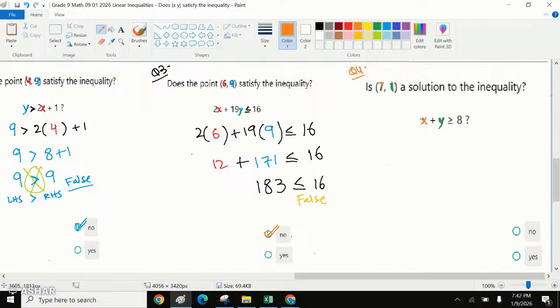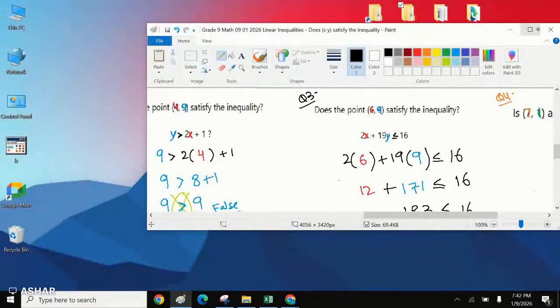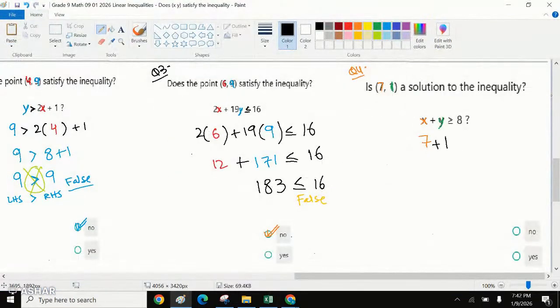See, we say x was 7 plus y was given as 1, right? Which should be greater than or equal to 8. So it comes out to be 8 is greater than or equal to 8. There are two conditions over here, right? And what are those two conditions?